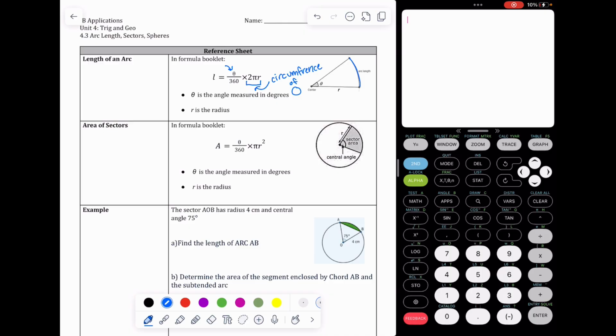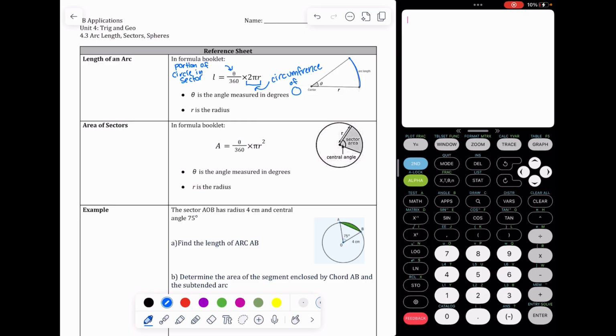So theta over 360, that is just going to get us the portion of the circle in our sector. This formula is in the formula packet, but if you know the area of a circle, you can also just multiply that by whatever percent of the circle we have. And we'll see an example in just a minute.